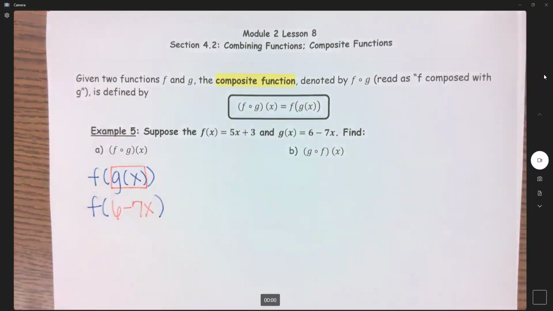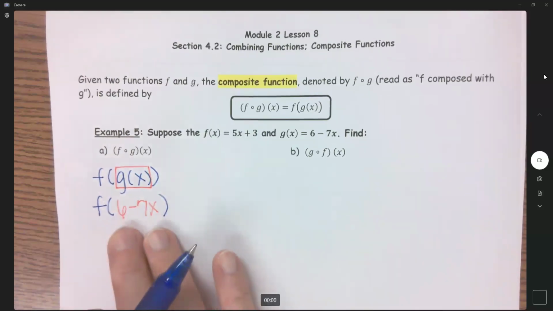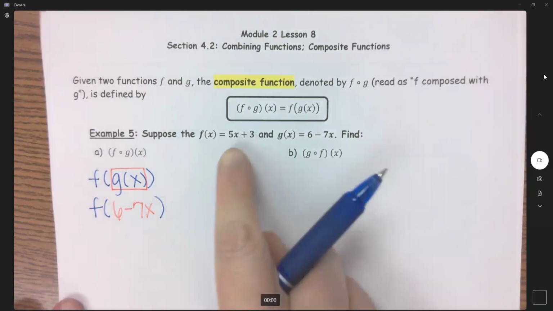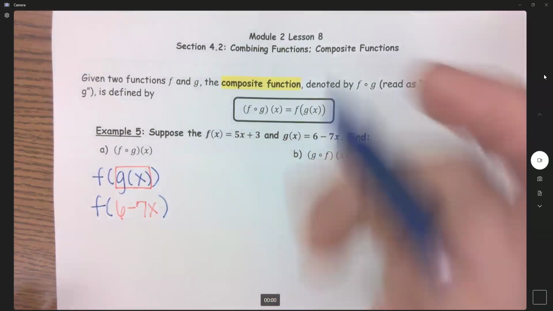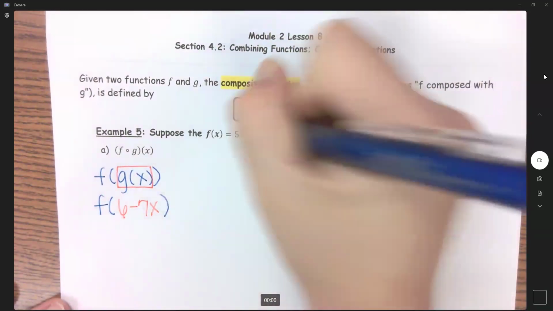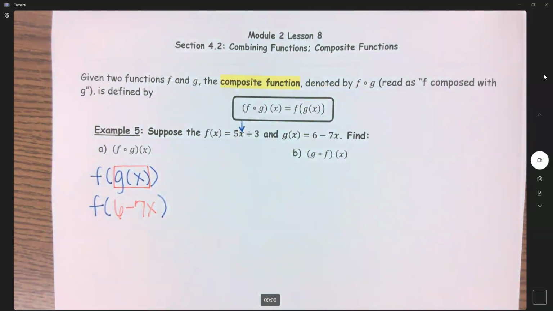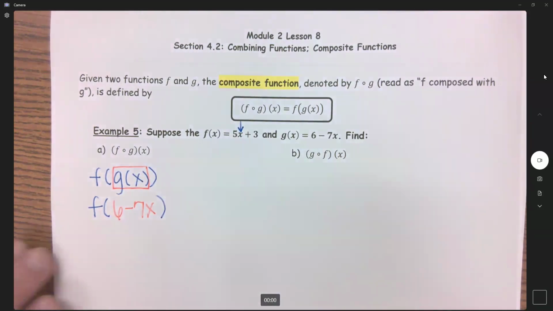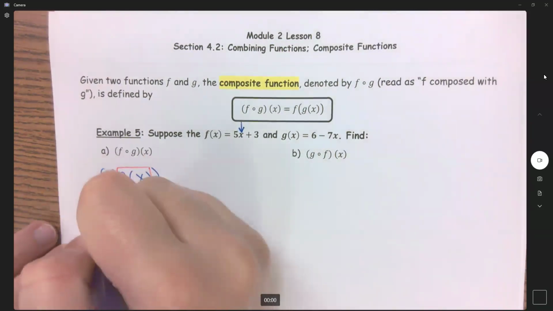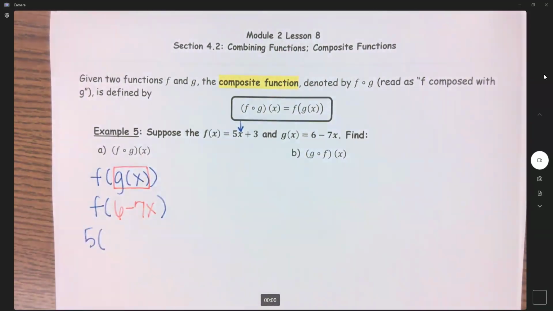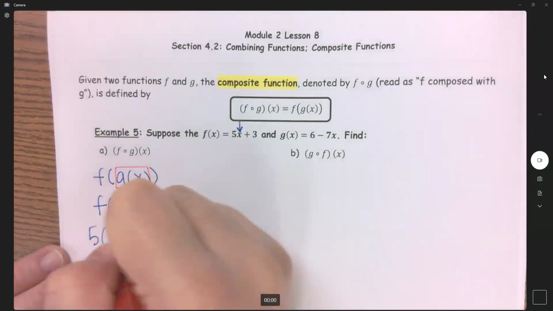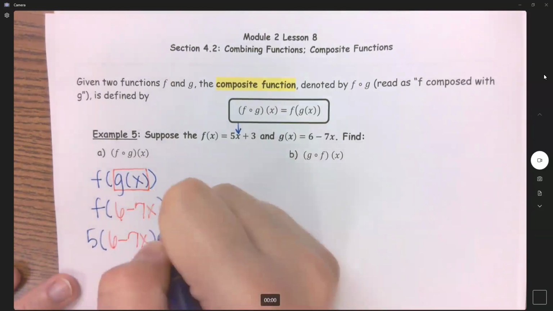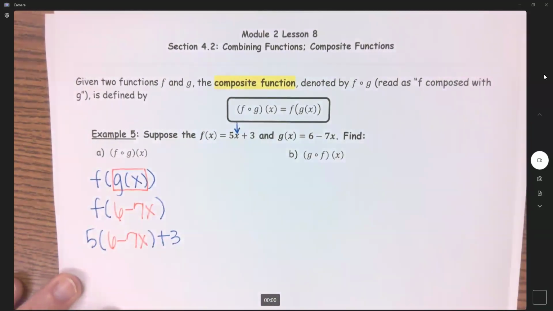Now in function notation, whatever is in parentheses next to f represents my x. So I'm going to go into my f of x function, and where I see this x here, I am replacing that x with what I have in parentheses. Now that is 5 times 6 minus 7x plus 3.